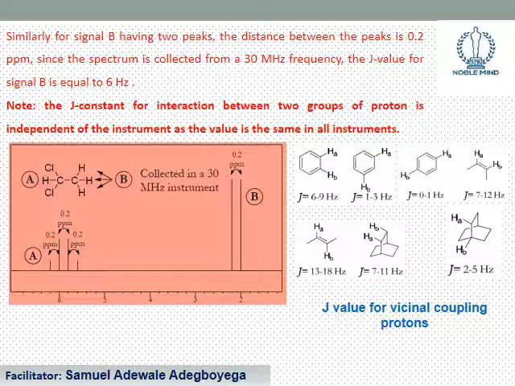If 2 protons are splitting each other, the coupling constant of B will always be equal to the one of A.